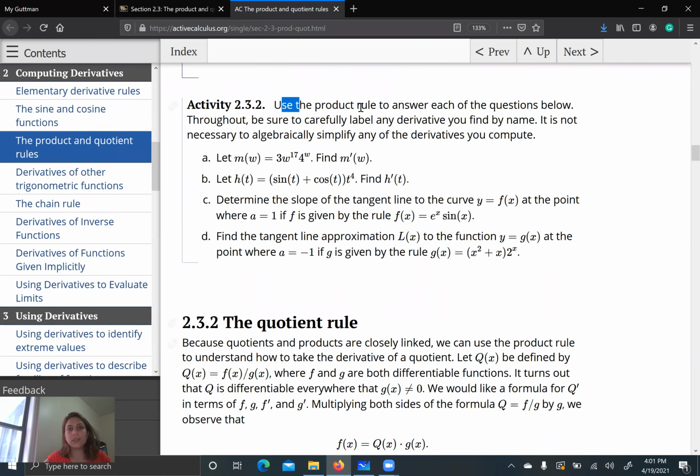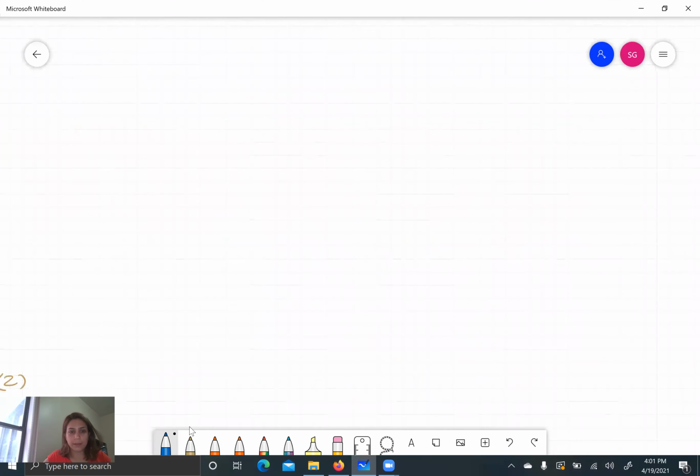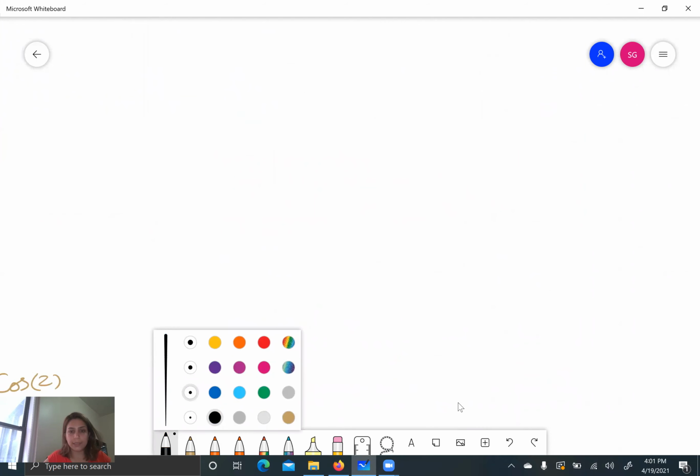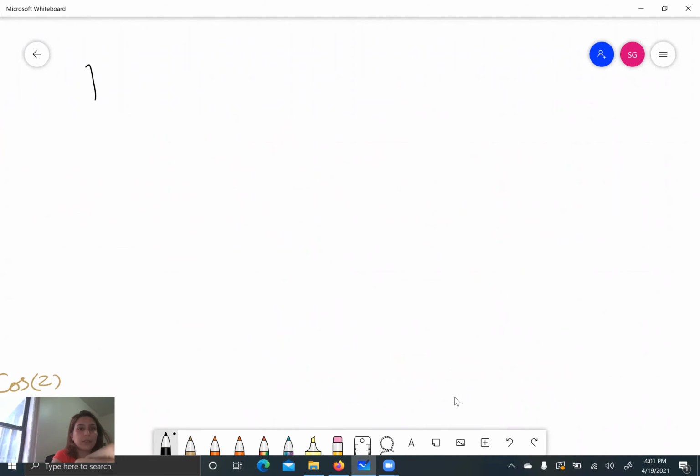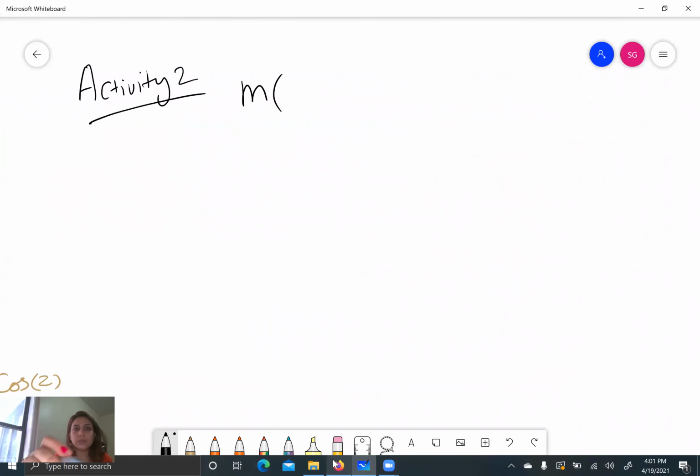The activity says use the product rule to answer each question below. The first part asks us to find the derivative of this function. This is activity 2 of the section. The function is m of w, where w is the input variable.